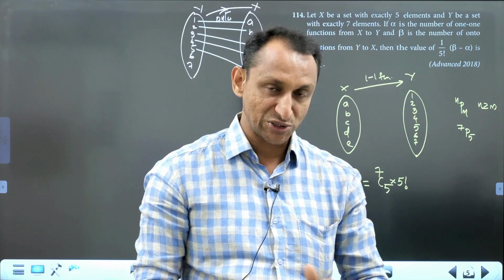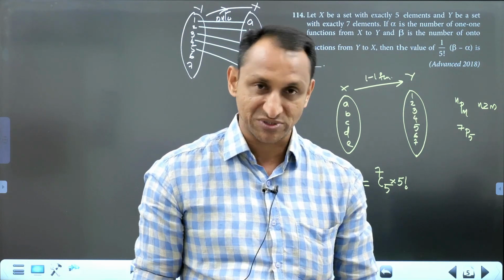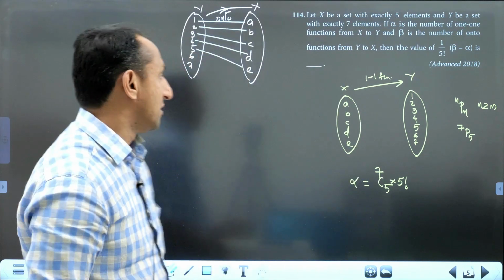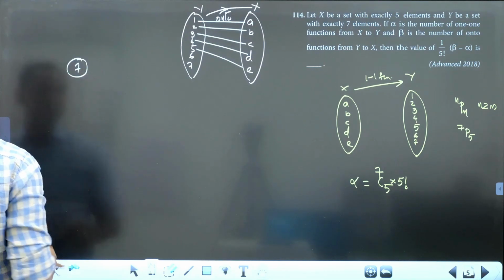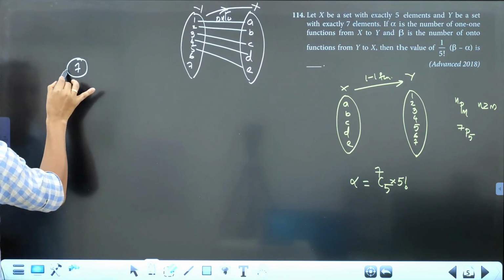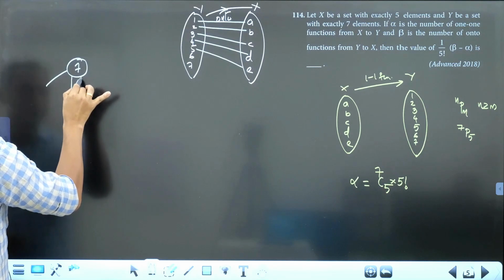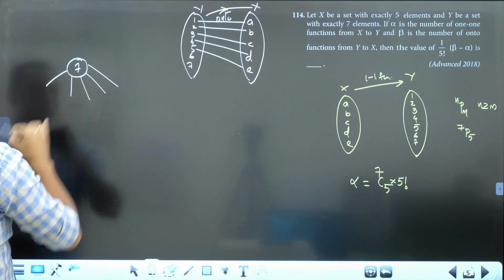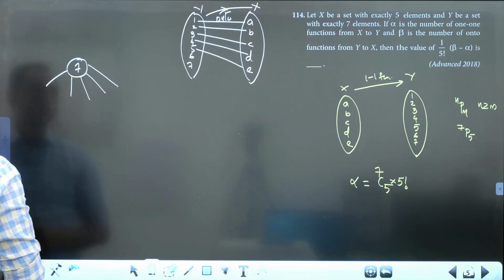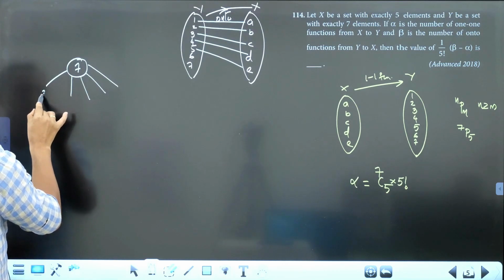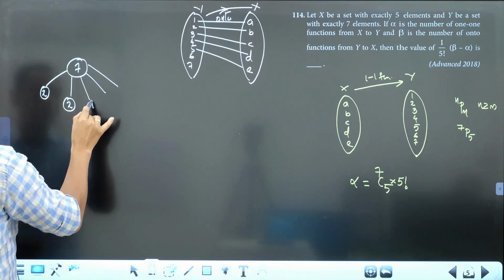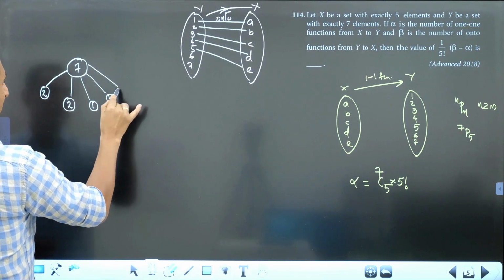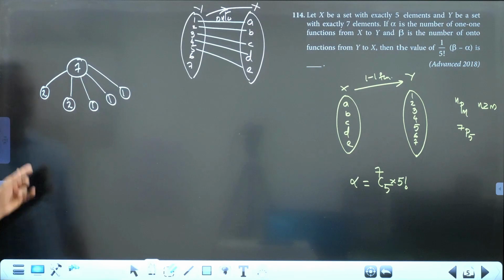The number of ways of dividing n distinct objects into groups. Here there are 7 objects that can be grouped into 5. How many ways? 2, 2, 1, 1, 1 is one way.